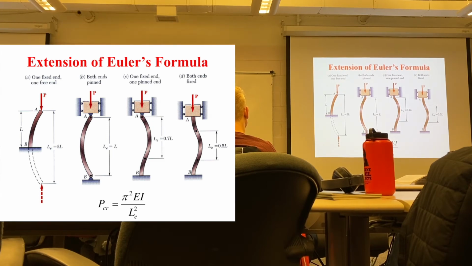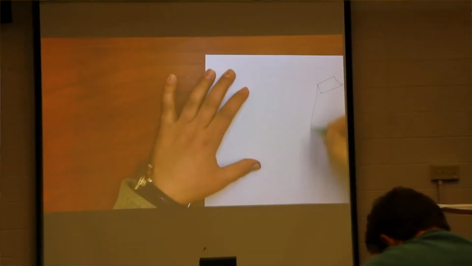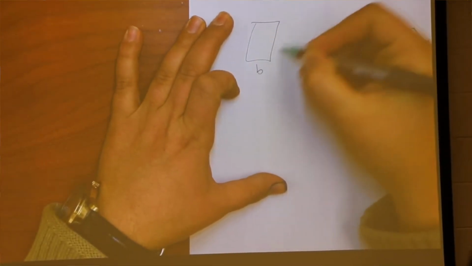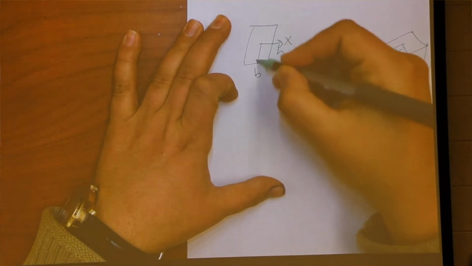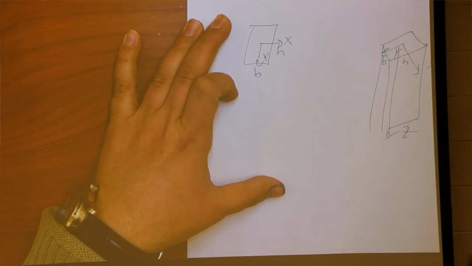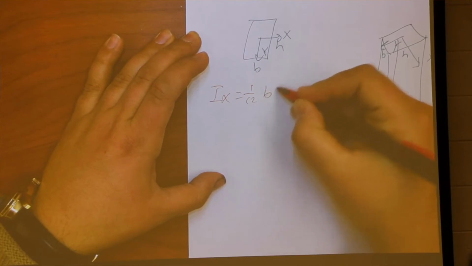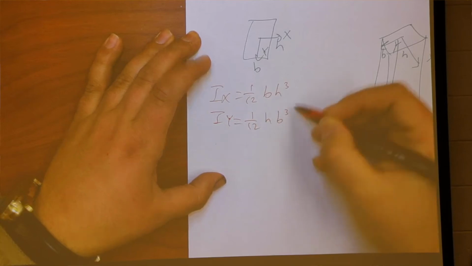And here you need to know the issue. If this is your column, so this is B and this is H, and say this is X and this is Y, and this is Z, then Ix will be 1 over 12 B H cubed, and Iy will be 1 over 12 H B cubed.